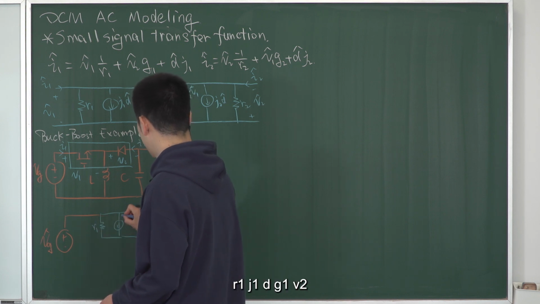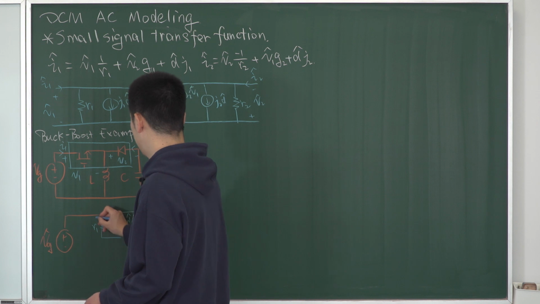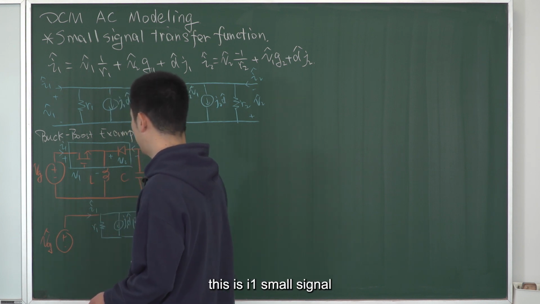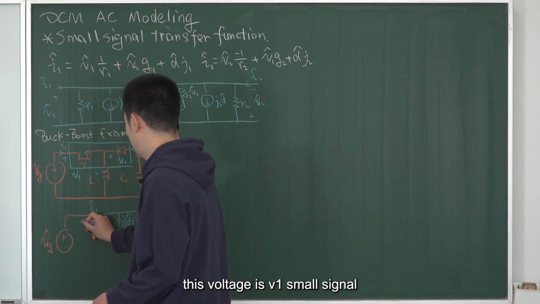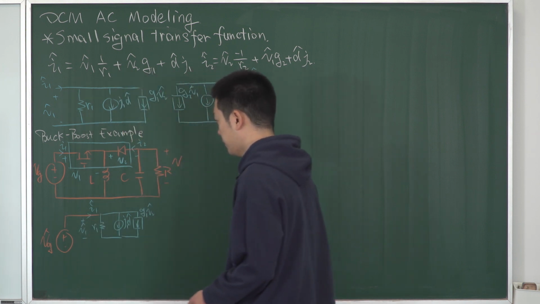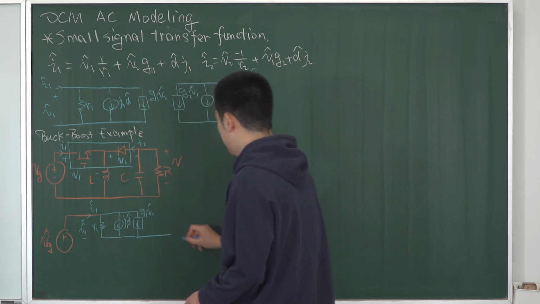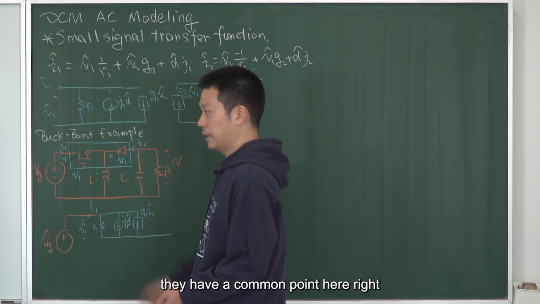R1, J1 D, G1 V2. And this is I1 small signal. And this voltage is V1 small signal. So the input port and output port have a common point here, right?